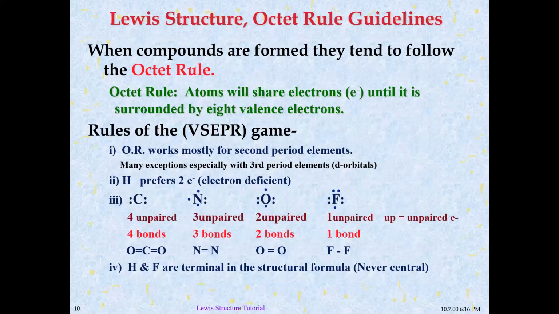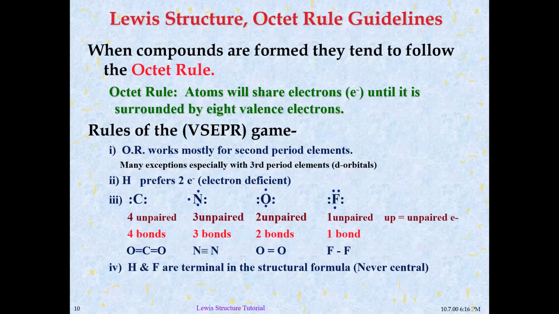Now, the guidelines in doing this: when compounds are formed they follow the octet rule. The octet rule says that atoms will share electrons until they are surrounded by 8 valence electrons.